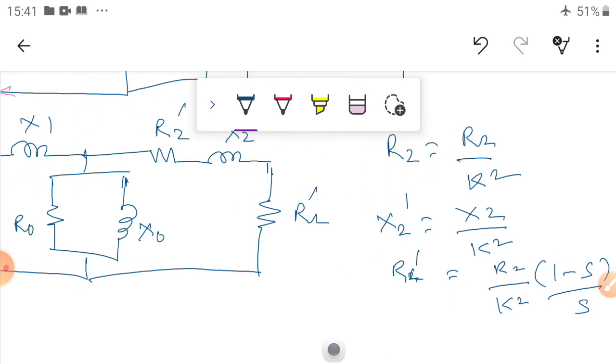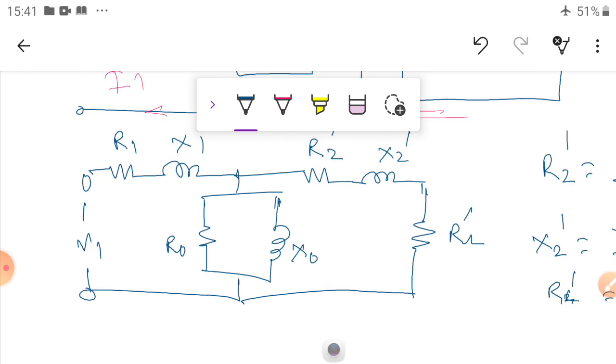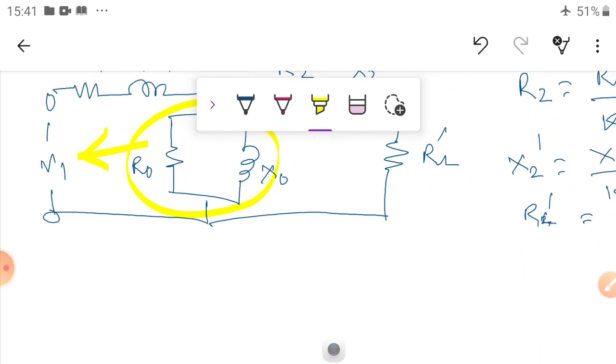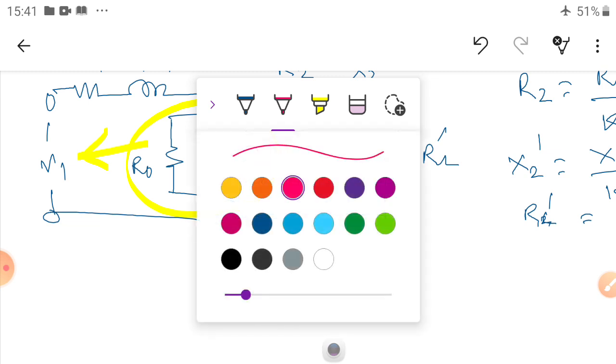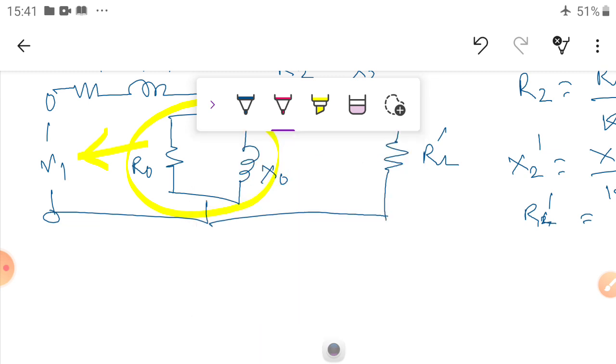Once we know these values, I am going to move in this direction, because I am going to write R1 and R2 in a further simplified equation. It is now connected to some resistance and some inductance.